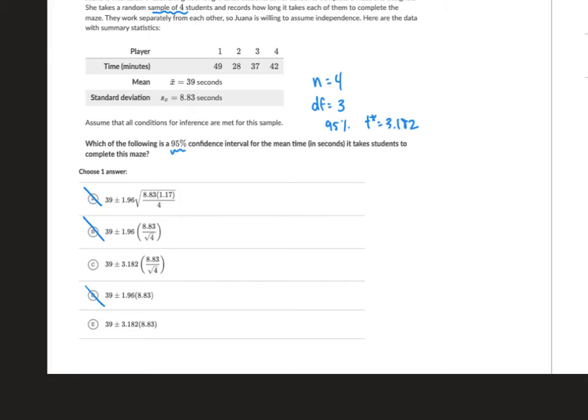So now we just need to determine if we're using this one or this one. Well, the only difference between the two is the first one we divide by the square root of 4, the second one we do not. This is our standard deviation, but in our formula we're looking for the standard deviation of x bar, which should be s over the square root of n. In this case, it's going to be 8.83 over the square root of 4, which means that C is the correct option.